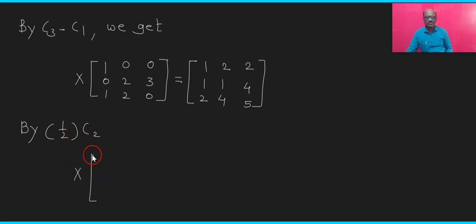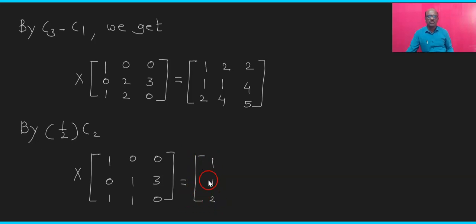So X [1 0 0; 0 1 3; 1 1 0] equals [1 1 2; 1 1 upon 2 2; 2 2 5].